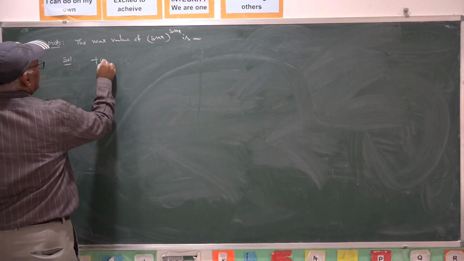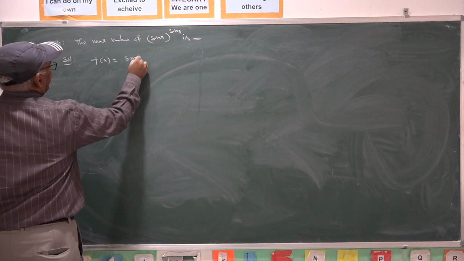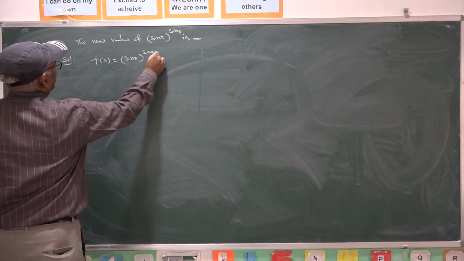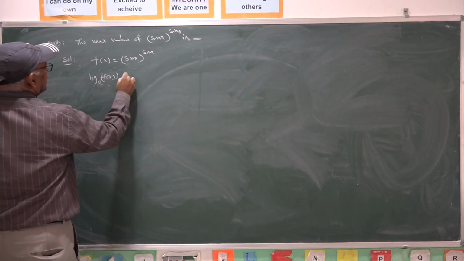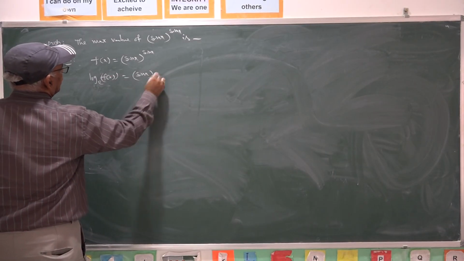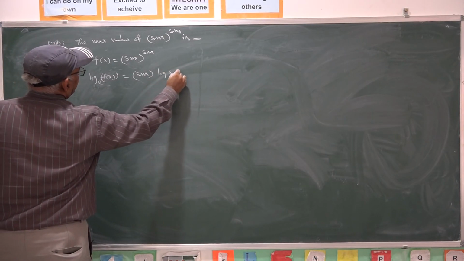Here f(x) equal to sin x whole power sin x. Taking logarithm on both sides, we get sin x into log sin x, of course to the base e.